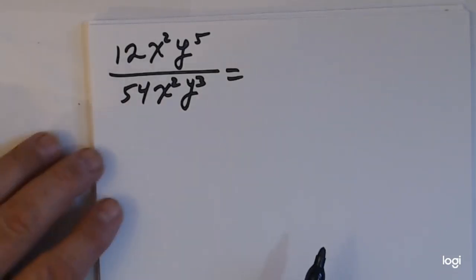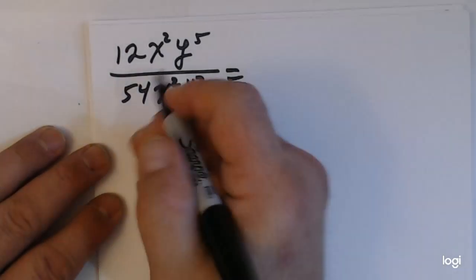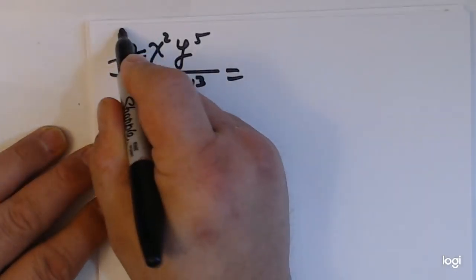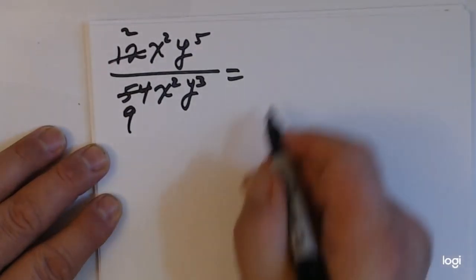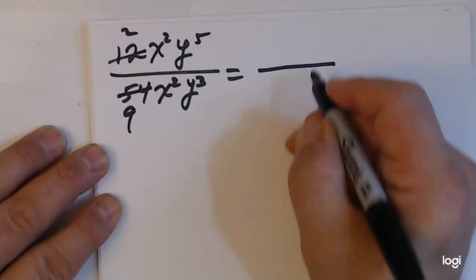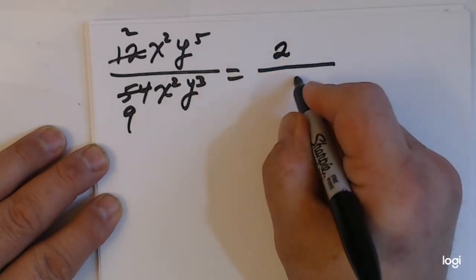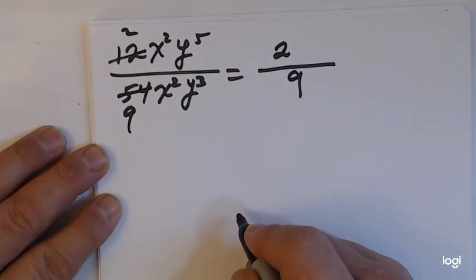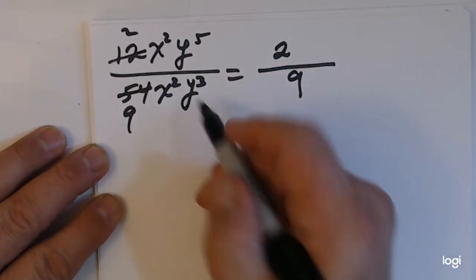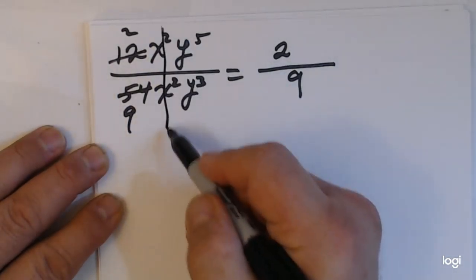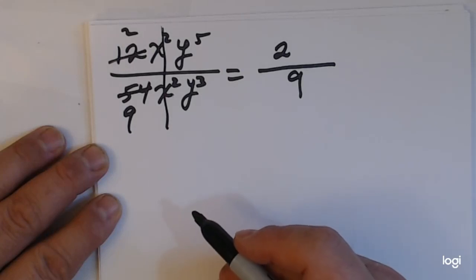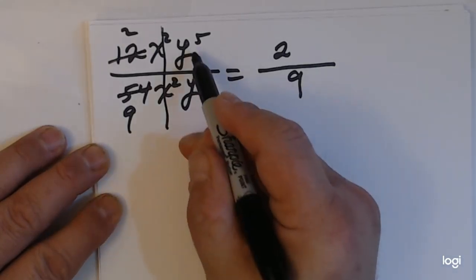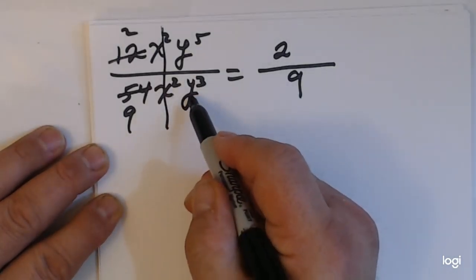Six is going to be the greatest common factor, so 6 goes into 12 2 times and into 54 9 times. So we're going to have a 2 here and a 9 down here. Now x squared over x squared, that just goes out. X squared divided by x squared is 1. And that leaves us with y to the 5th over y to the 3rd.